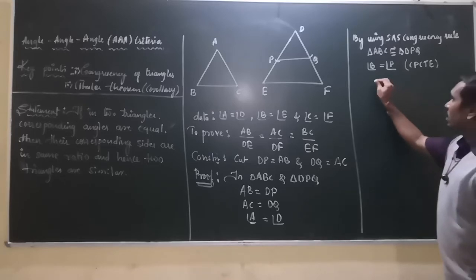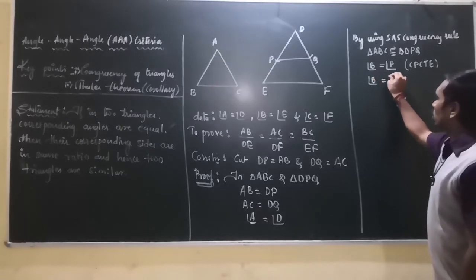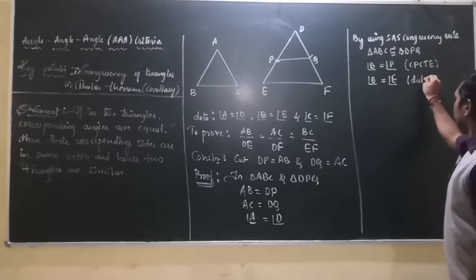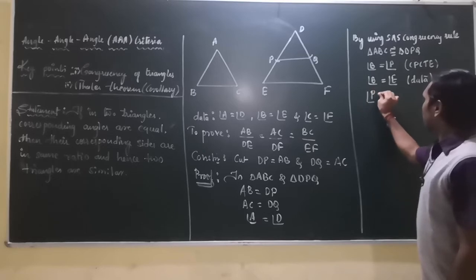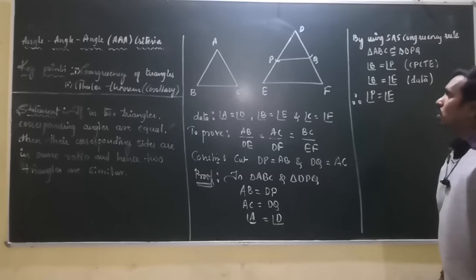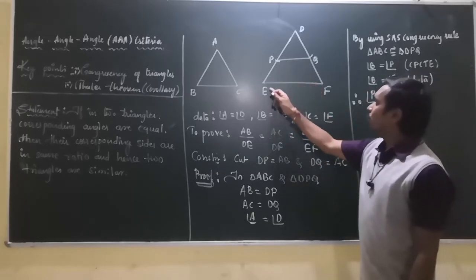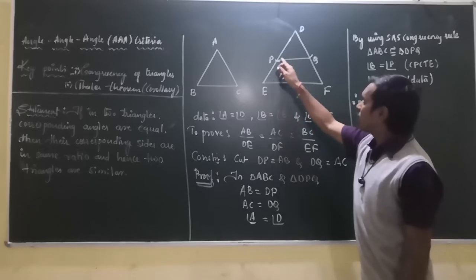I know that angle B is equal to angle E. This is from the data. Now I can write that angle P is equal to angle E. These two angles are corresponding angles.